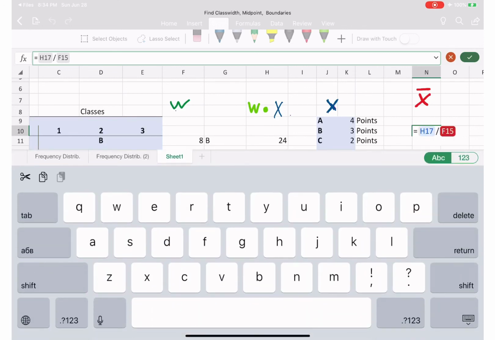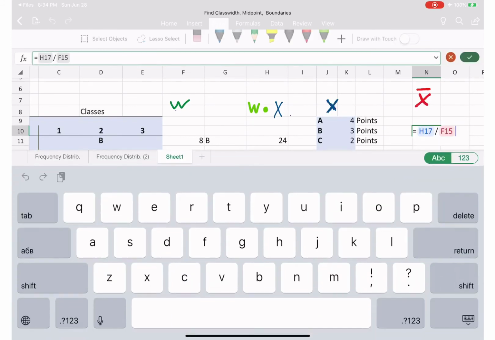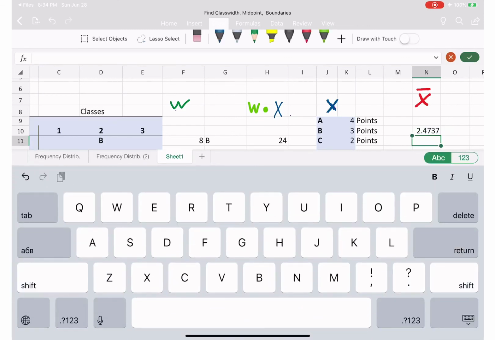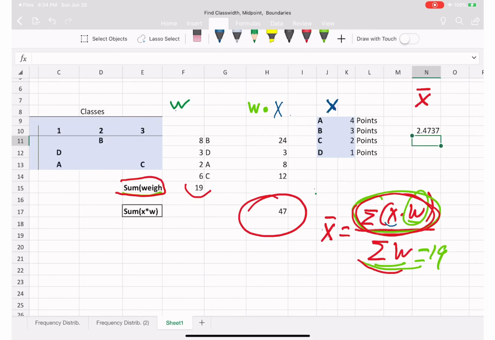So let's double check, all is good. And the answer is 2.47. So this is gonna be your average, 2.47. This is gonna be your answer.